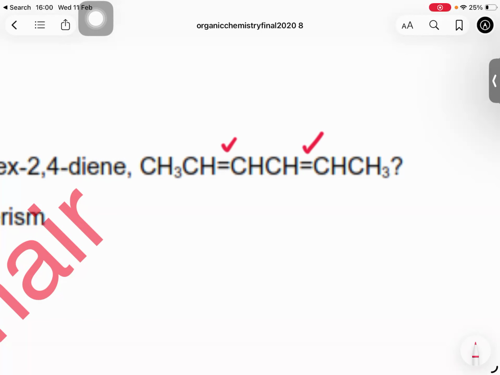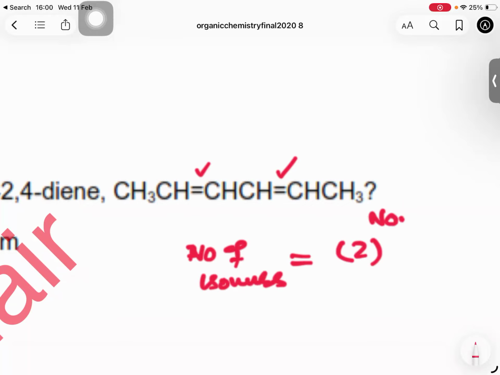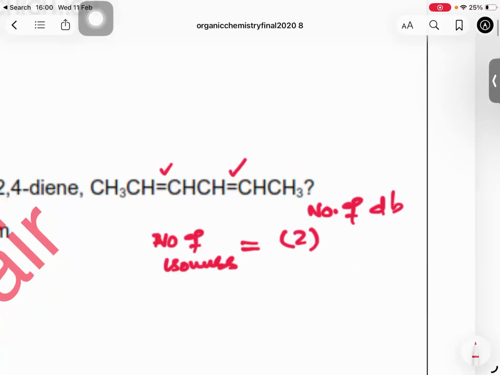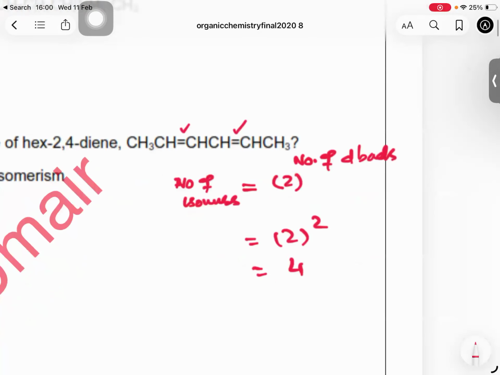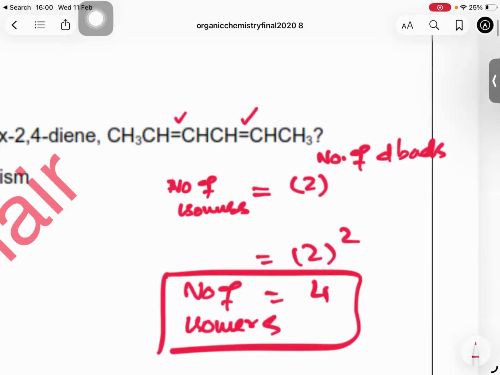There is a formula for the number of isomers in order to see cis-trans: 2 raised to the power of the number of double bonds. So 2 raised to power 2 is equal to what? 4. So how many isomers does it have? 4.